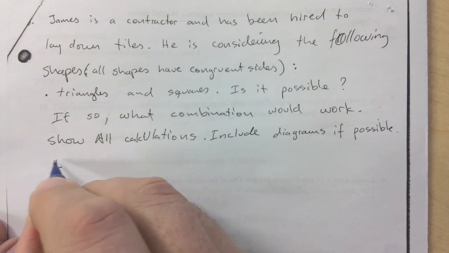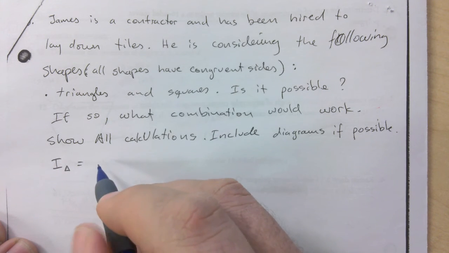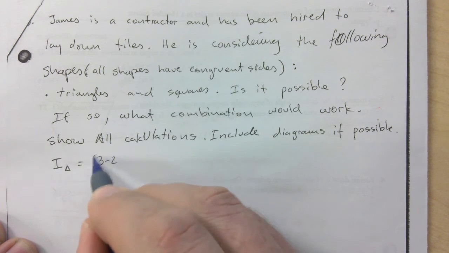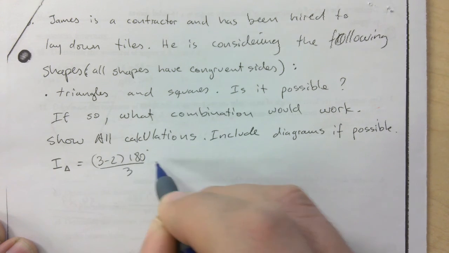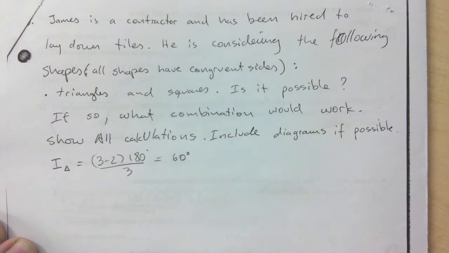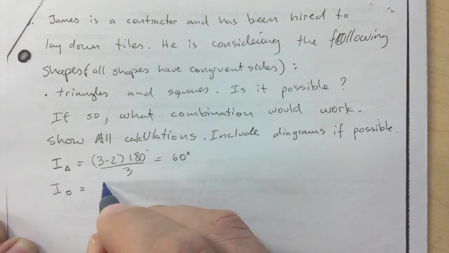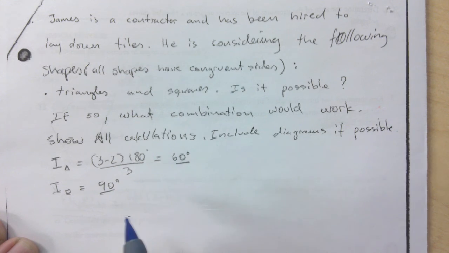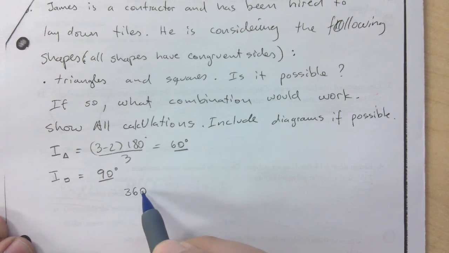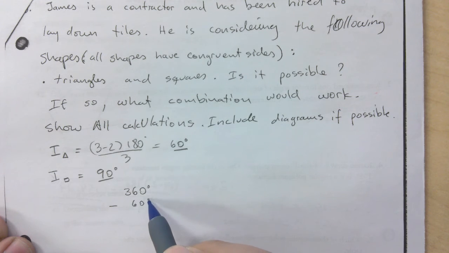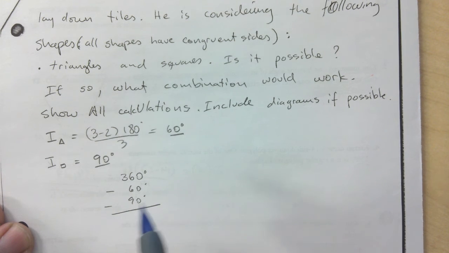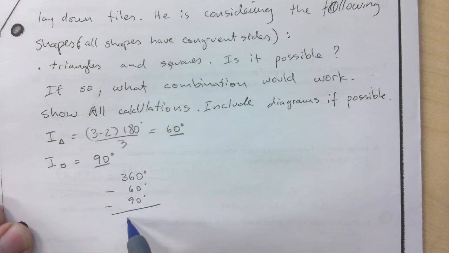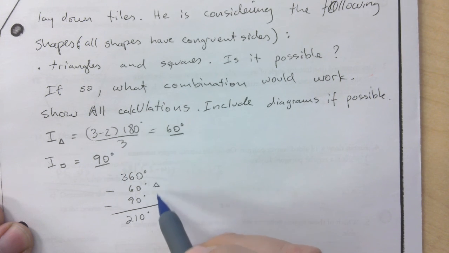So what you have to do here is find the interior angle of a triangle. And we know that it is 3 minus 2 times 180 over 3, which is 60, right? The interior angle of a square, I think we're just going to say 90, right? So does that work? We go 360 minus 60 minus 90. You take away all the ones that you have, right? And so that would be 210. So this was a triangle and a square.